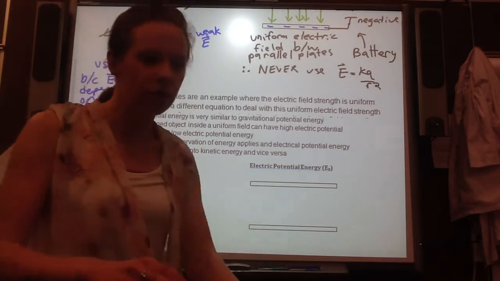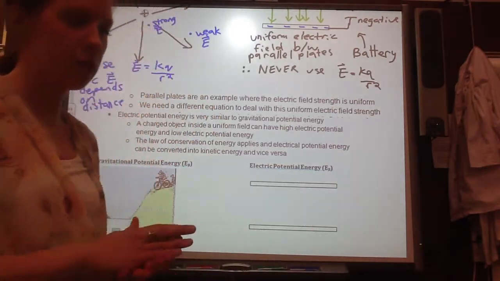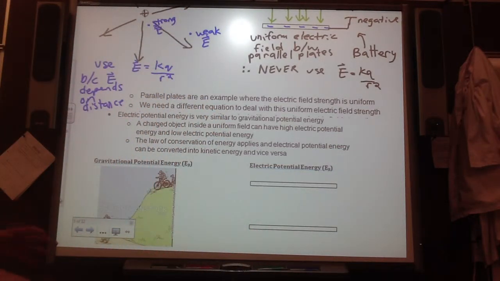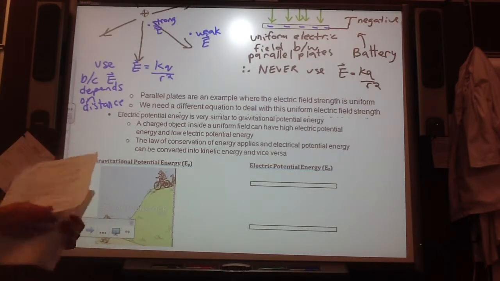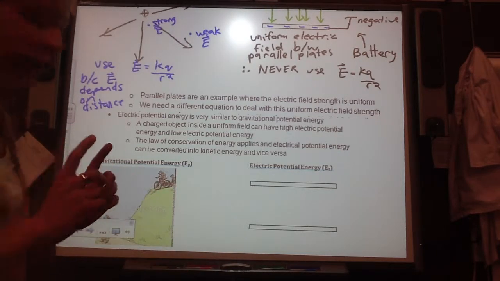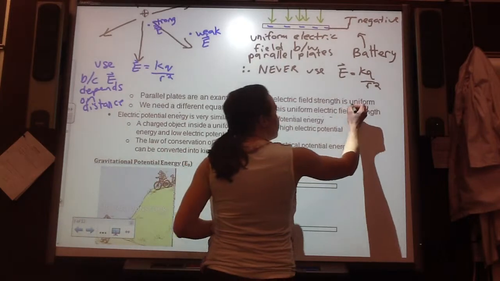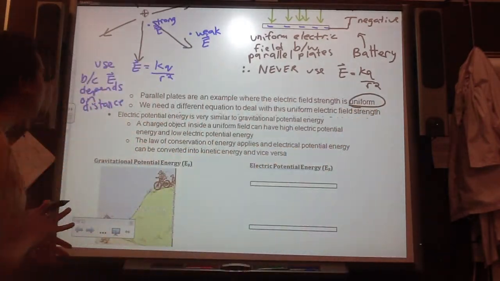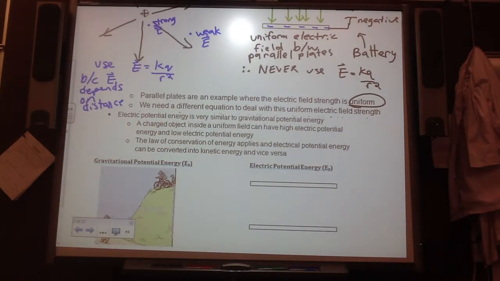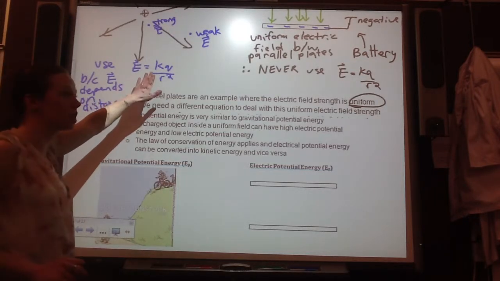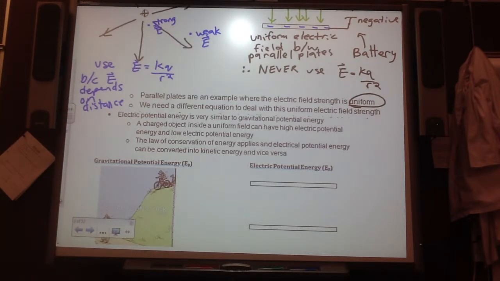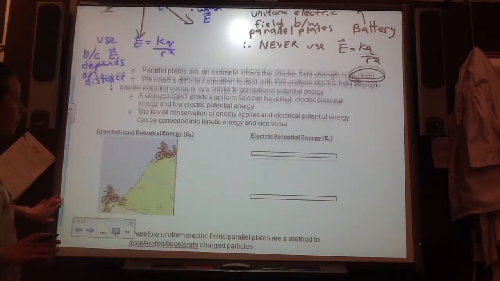You guys actually started doing this. This is great. You guys are so smart. Parallel plates are an example of where the electrical field strength is uniform, a very key word there. We need a different equation to deal with this uniform electric field strength because we can't use this one. You guys started to say this: electrical potential energy is similar to our gravitational.